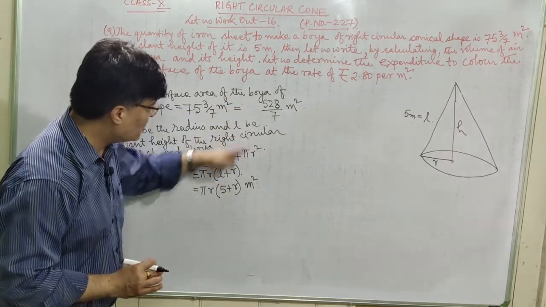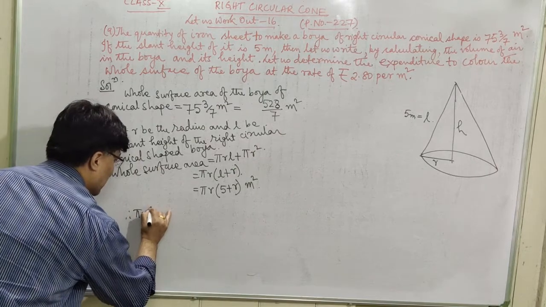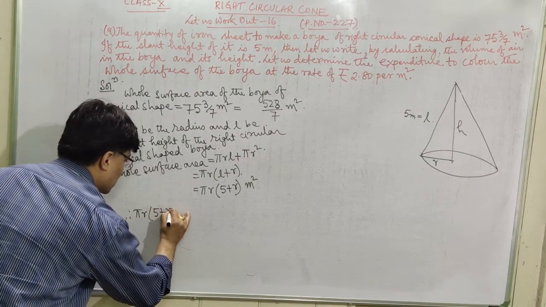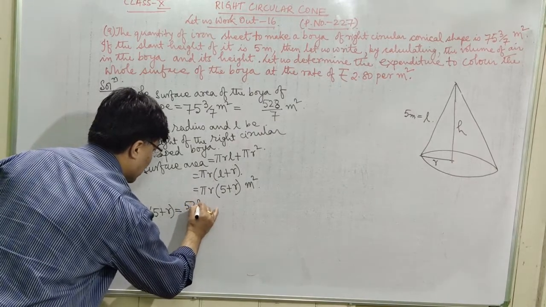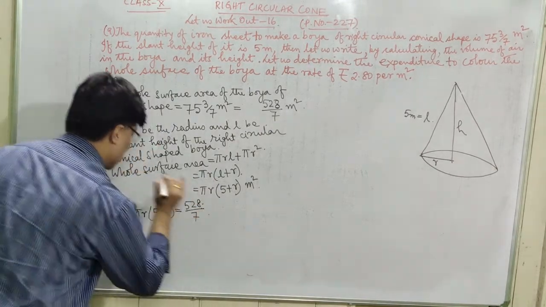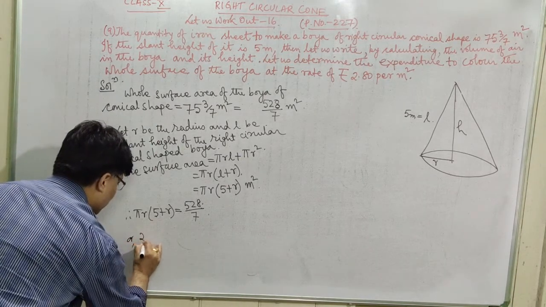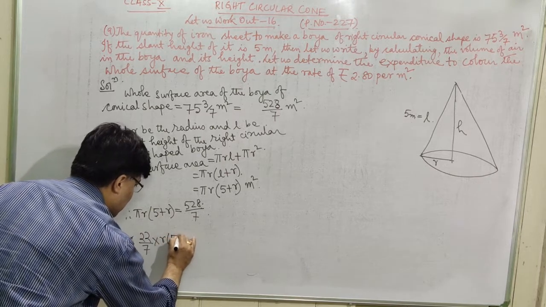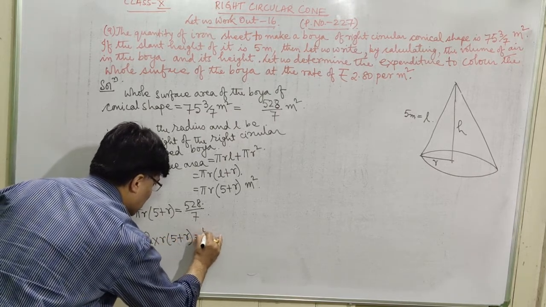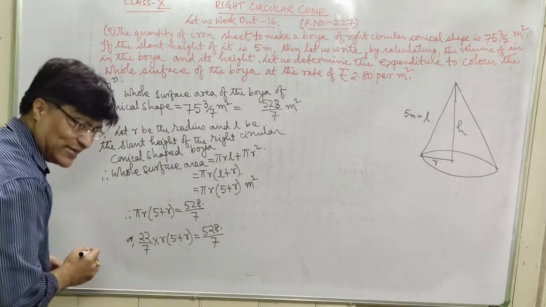That means these two must be equal. That is, pi r within bracket 5 plus r is equal to what? It is 528 divided by 7. So let us simplify it. What is pi here? It is 22 by 7 into r within bracket 5 plus r is equal to 528 divided by 7.